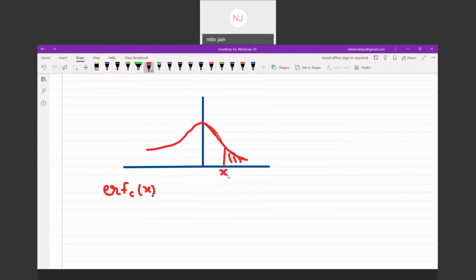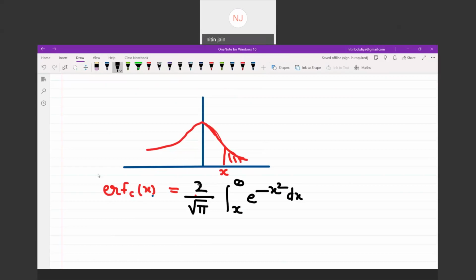If this point is x, then it's 2 by under root of pi, x to infinity e to the power minus of x square into dx. This function is known as the error function, and its table is available.